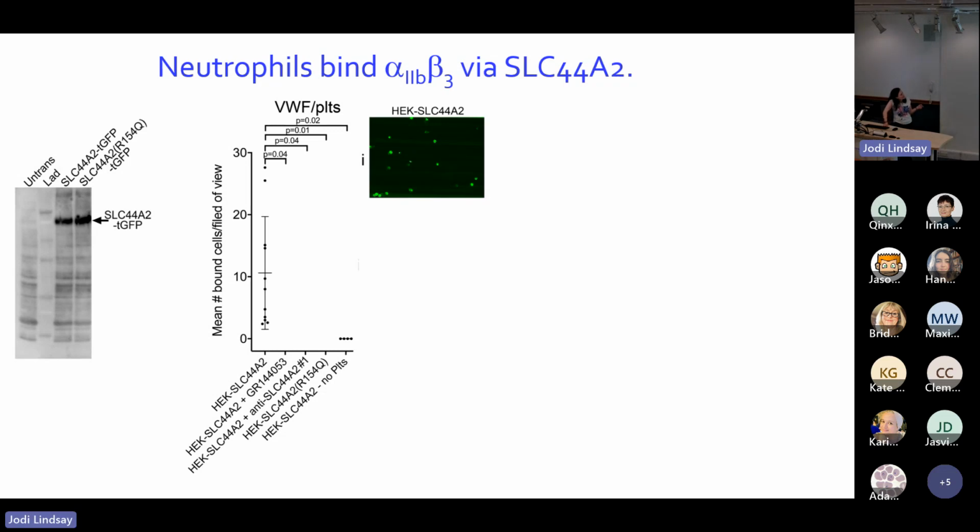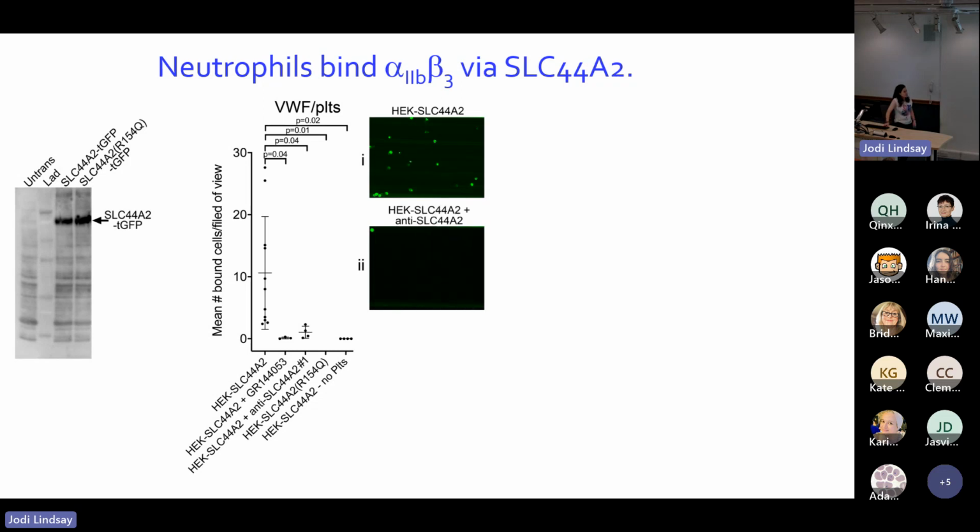And as you can see here, we showed that the cells were nicely binding to primed platelets. If we use a blocker to activated alpha-2b beta-3, there was a significant reduction in the binding. Or if we use a polyclonal antibody against SLC44A2, we could reduce the binding to primed platelets.